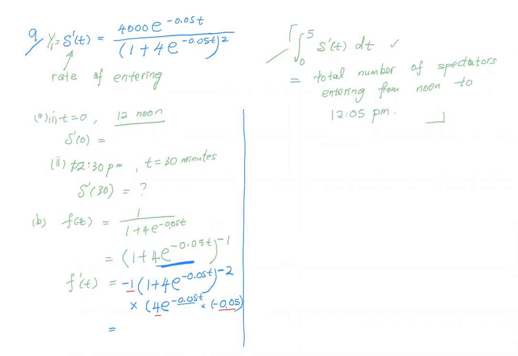So I got negative 0.2. Am I right? Mhm. I got 0.2 e to the power negative 0.05 t divided by 1 plus 4 e to the power negative 0.05 t, squared.